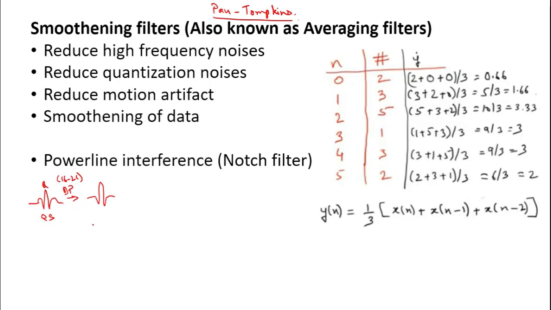Or in some cases, you can also get something like this. Okay. It depends how you are processing. So let us take this as the example. We get this kind of thing.